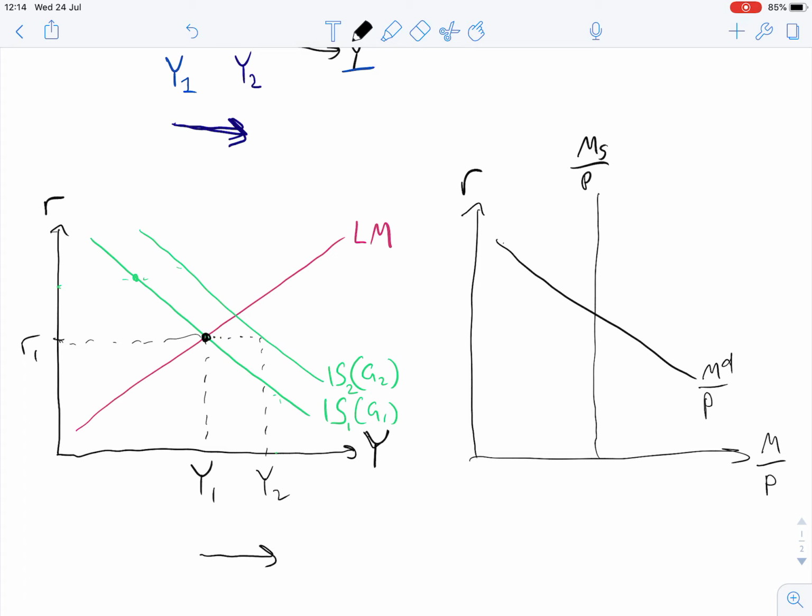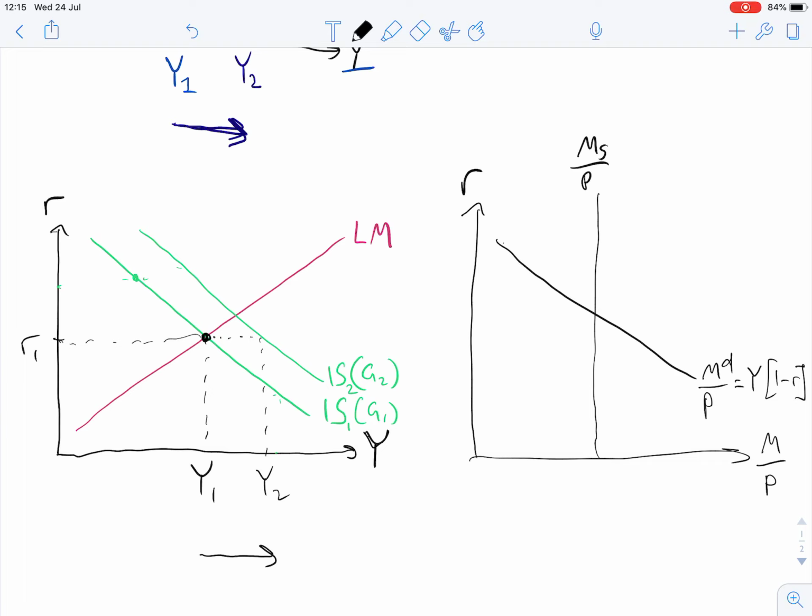The money demand, in real terms, is a function which we could specify as Y(1 minus r). That's a specific functional form. The more important feature is that we're capturing the relationship in terms of a downward slope. So we need to have some negative relationship between real money demand and r.